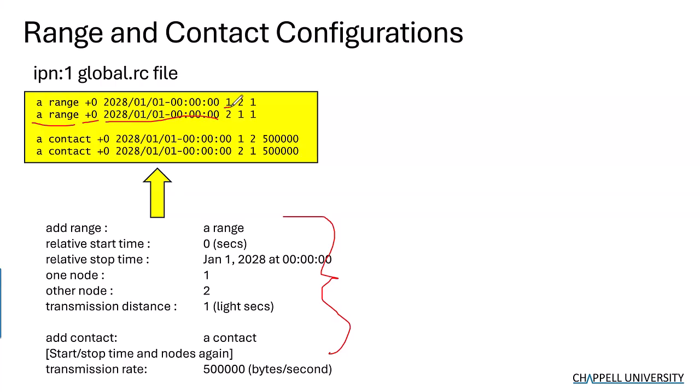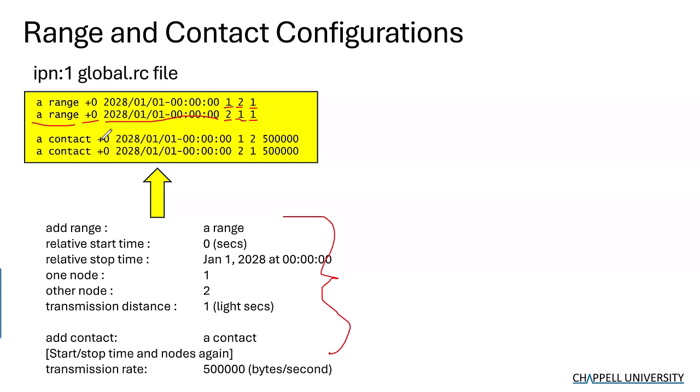I've got an entry here for traffic going from node 1 to node 2. I've got another entry for traffic coming back from node 2 to node 1. These values should be the exact same on both nodes. And then the last thing is the one-way light time to get there. What is the delay to get there?